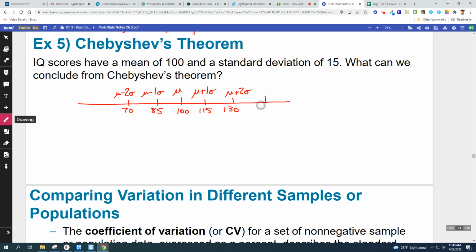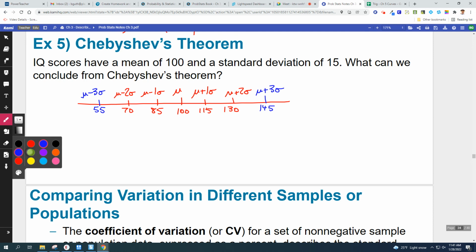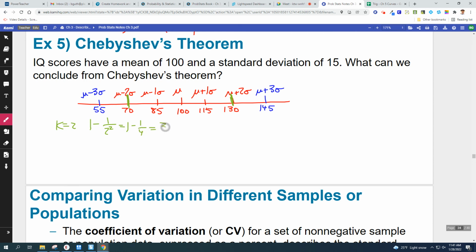We can go out a third standard deviation to 145. That's the mean plus 3 standard deviations. If we subtract another 15, that's the mean minus 3 standard deviations. So Chebyshev's theorem says, for k equals 2, which was 2 standard deviations, 1 minus 1 over 2 squared was 1 minus 1/4 equals 3/4.